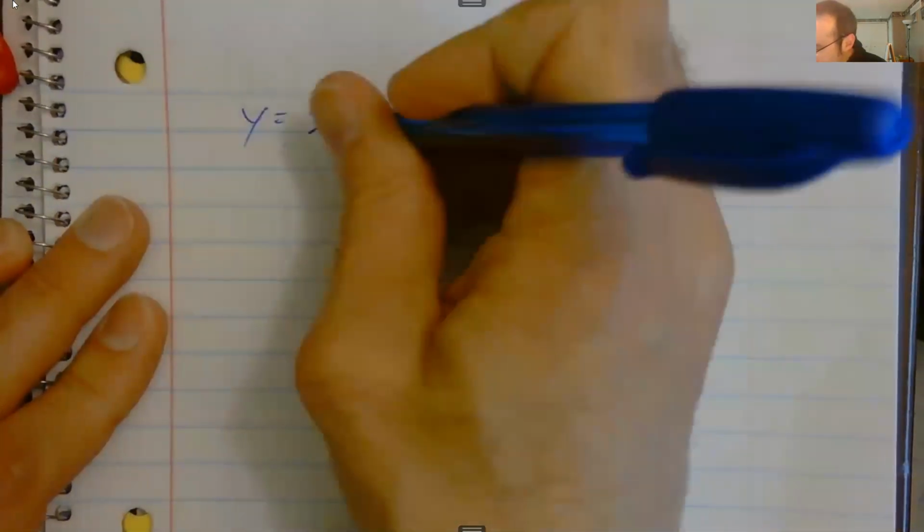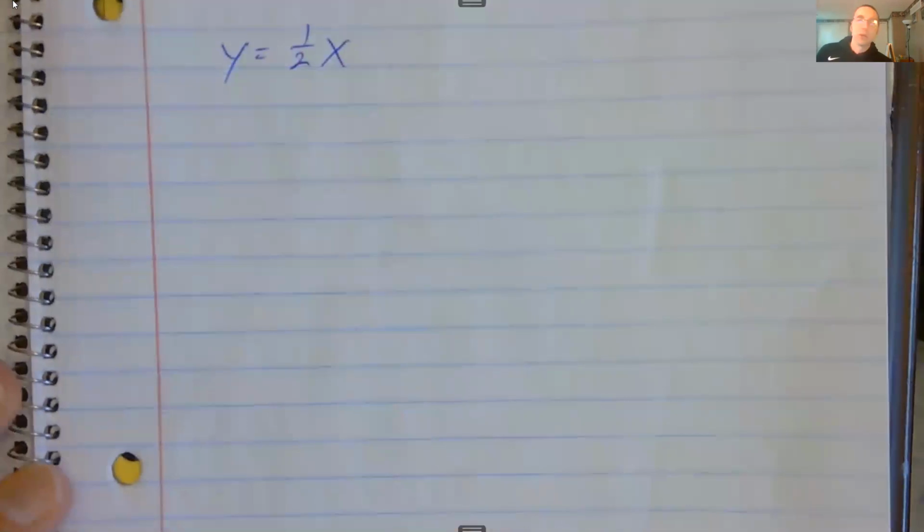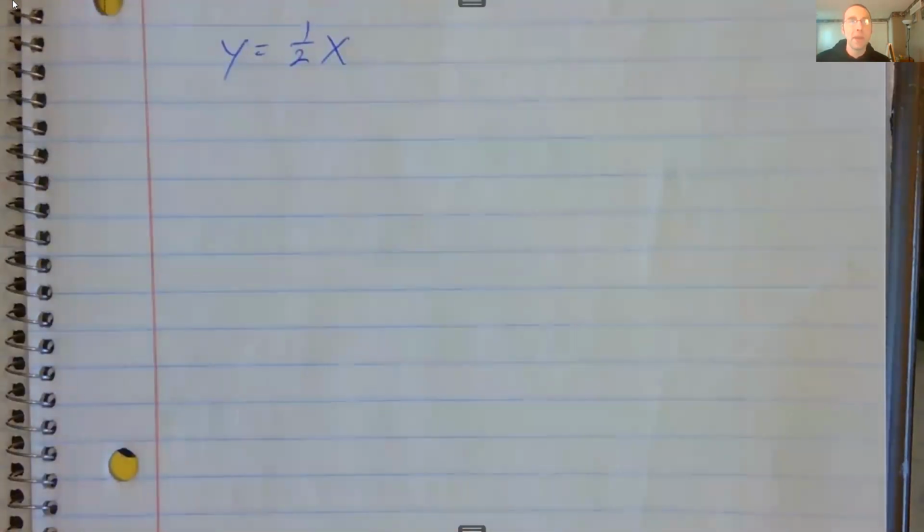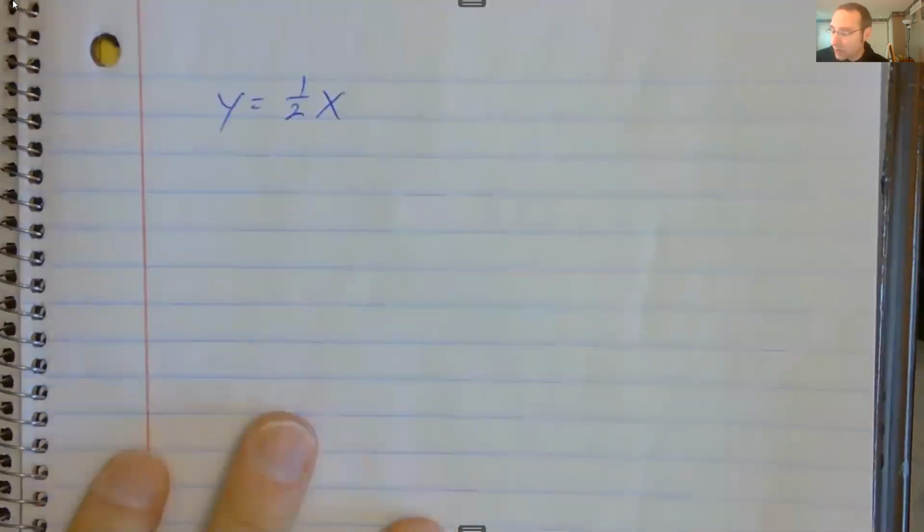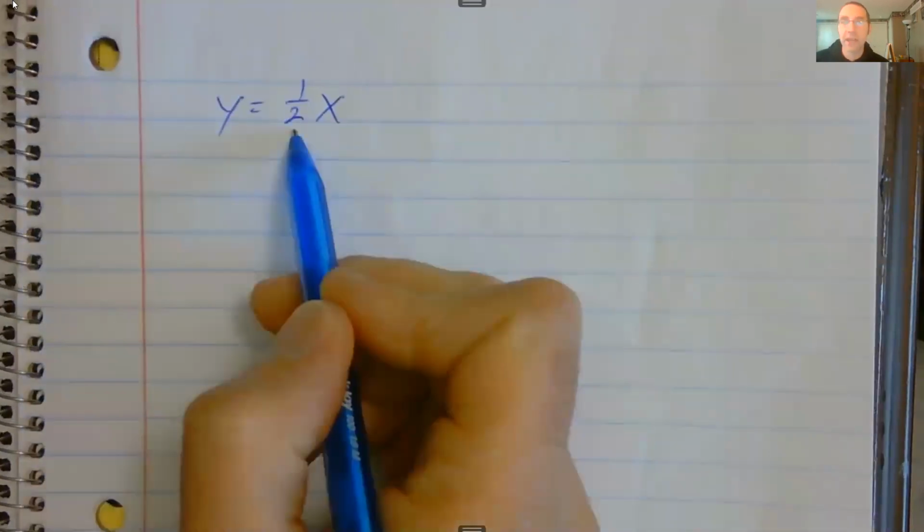So what if we look at y equals 1/2 x? So again, just thinking about points that will make this true. This relationship says, in words, that the y value is going to be half of the x value.